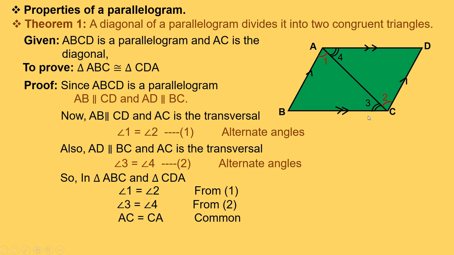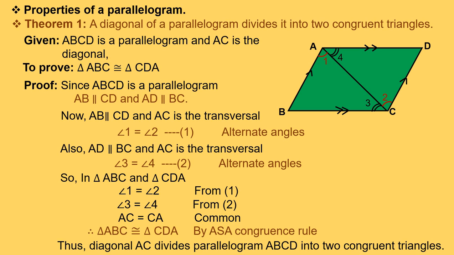Therefore, triangle ABC is congruent to triangle CDA by ASA congruence rule. Thus, diagonal AC divides parallelogram ABCD into two congruent triangles. So we proved the theorem that a diagonal of a parallelogram divides it into two congruent triangles.